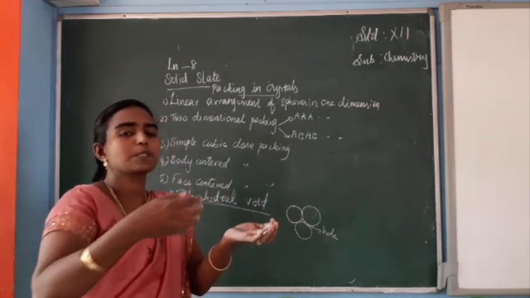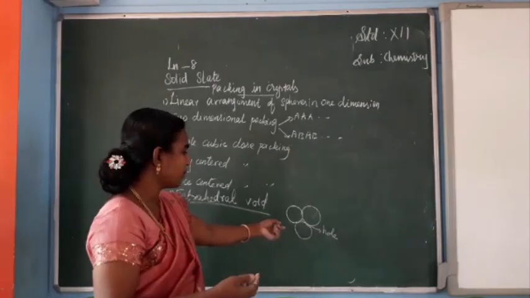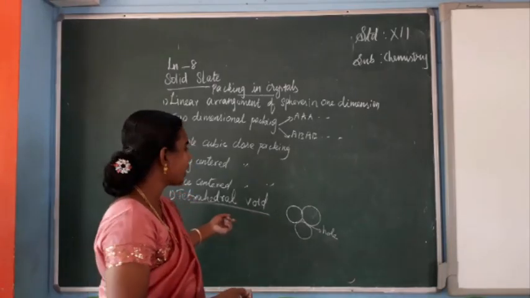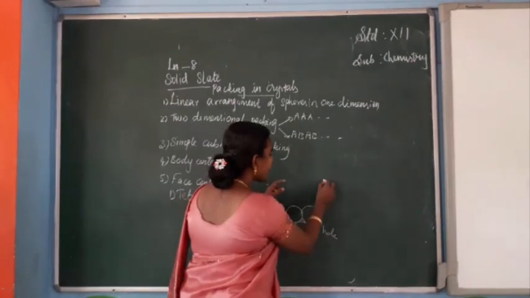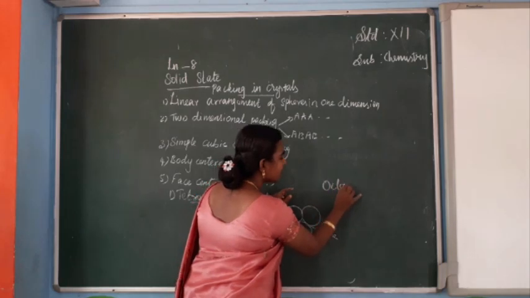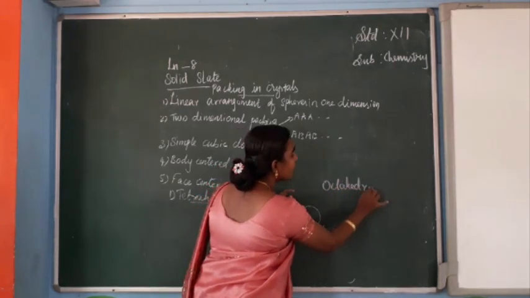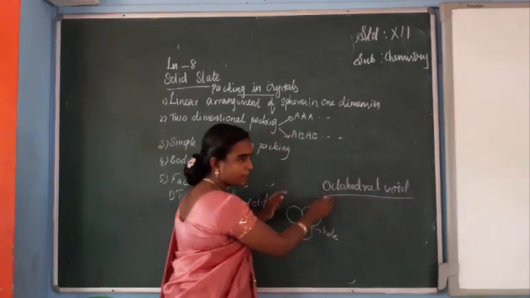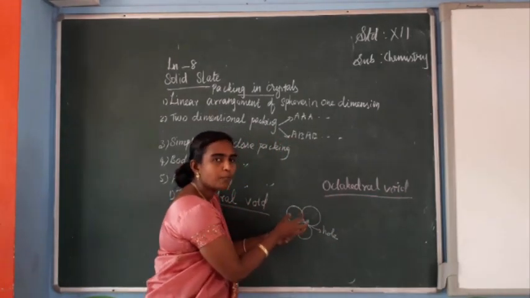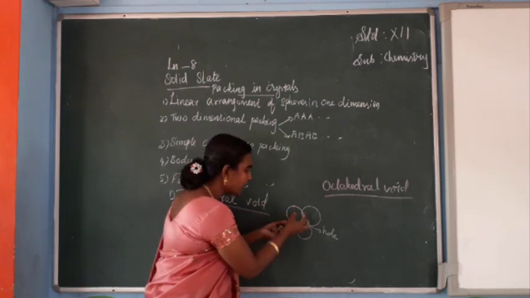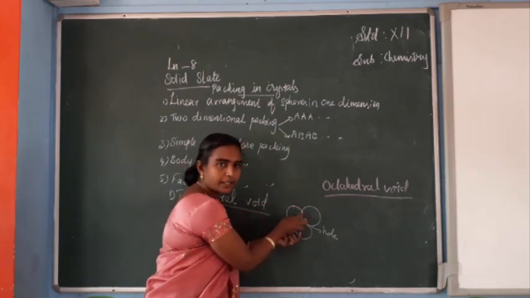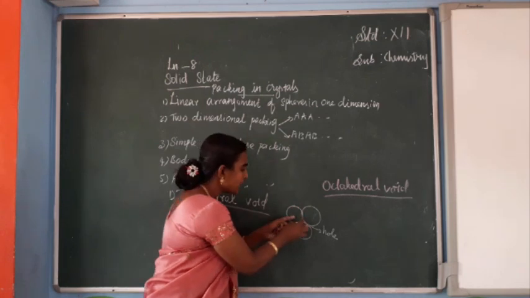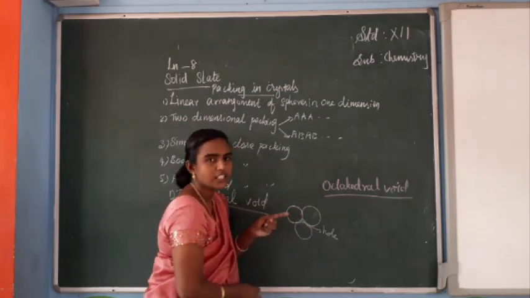That we can explain only in three dimension. This tetrahedral void and octahedral void can be explained only in three dimension. It is not possible in a drawing given in two dimension, but you can understand. We keep one more sphere at the top of this void, so that this void is called a tetrahedral void.